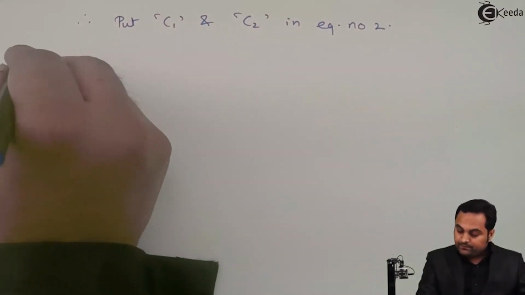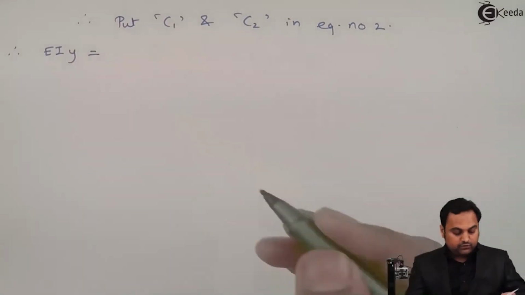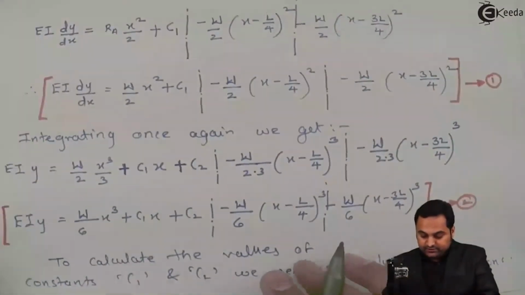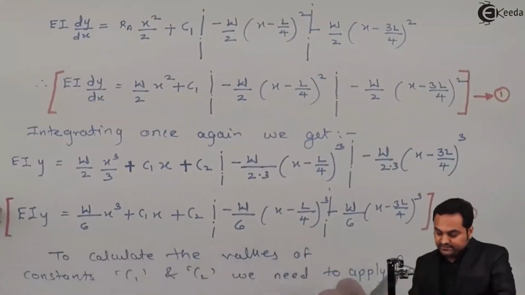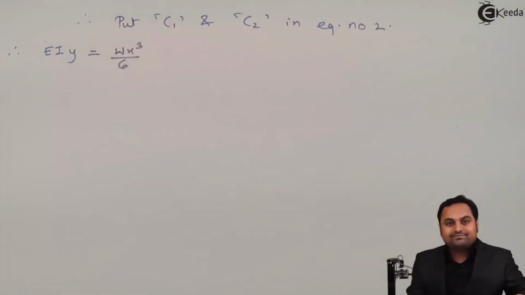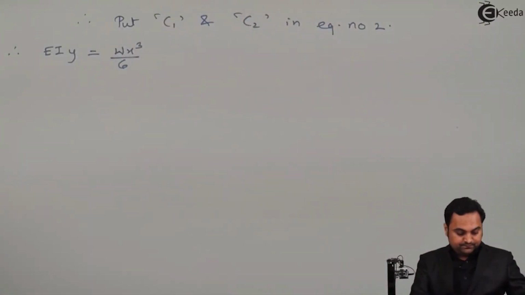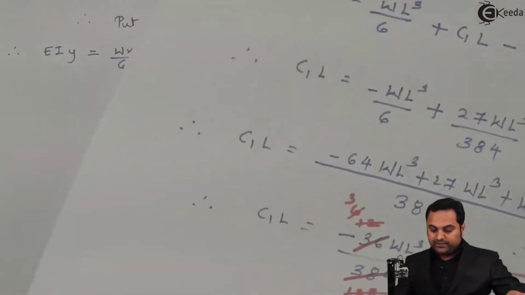So we have EI into Y is equal to, first is Wx cube by 6, that will remain as it is, plus C1 into X. Now C1 we have found out previously, it was minus 3 by 32, that into WL square.